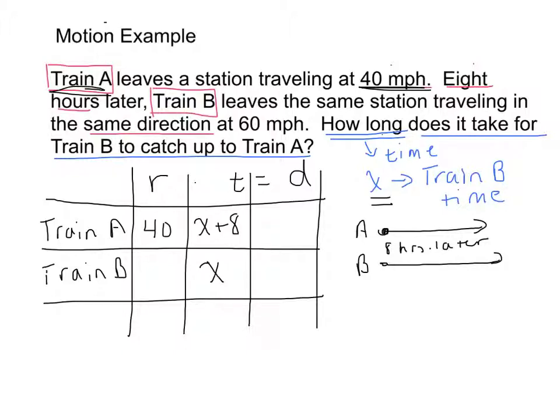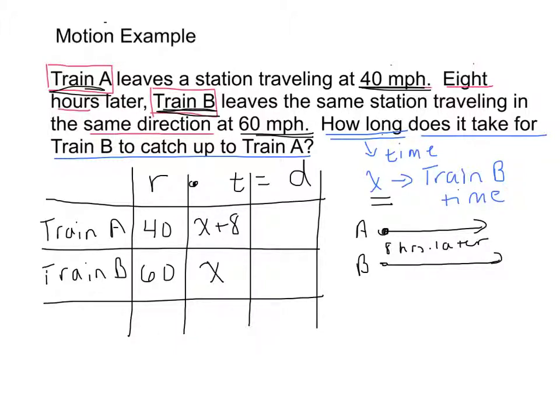Now, what other information do I have in the problem? Well, I also know that train B is traveling in the same direction at 60 miles per hour. So there's another rate. So that goes into this first column for train B. Now remember, I had said that rate times time is equal to distance.